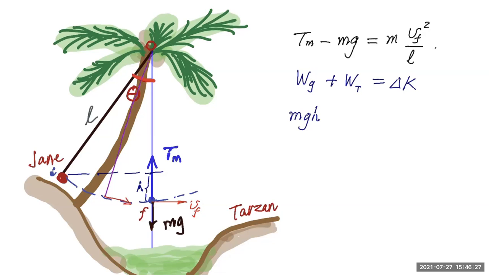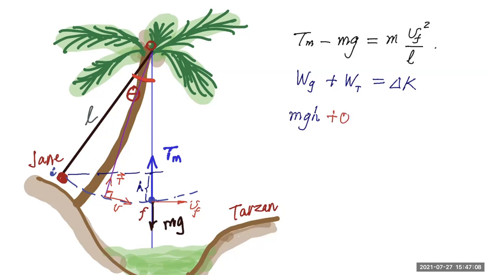That's v, and the tension goes that way, like that, T. And clearly the angle between them is 90 degrees. So therefore, the tension is always perpendicular to the direction of motion, therefore it doesn't deliver any work. Just like we saw in the case of the normal force being perpendicular to the direction of motion. Okay, so that's very important. We don't have to worry about that. That's zero. Okay, the second term is zero.